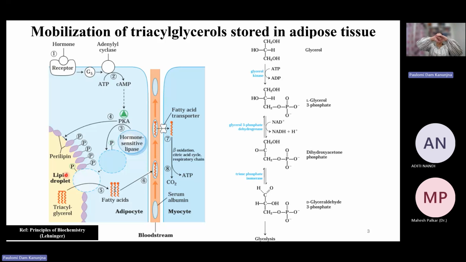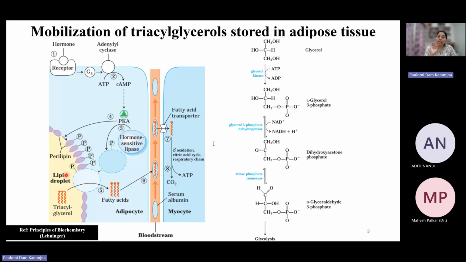For the cell to mobilize lipid out of this droplet, the lipids need to be removed, right? This removal is under the influence of hormone. When there is a hormone signal for the need of metabolic energy, the TAGs stored in the adipose tissue are mobilized, brought out of storage, and transported to the tissue, be it skeletal muscle, heart, or renal cortex, wherever, in which they will form fatty acids, and the fatty acids will be oxidized there for energy production, right?